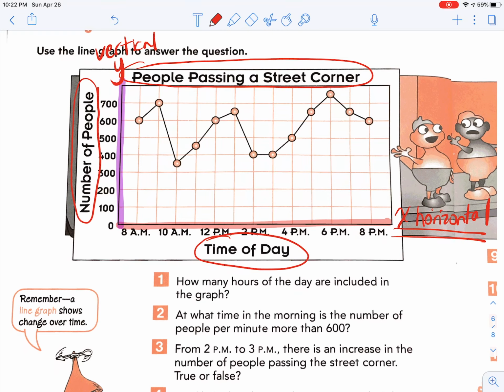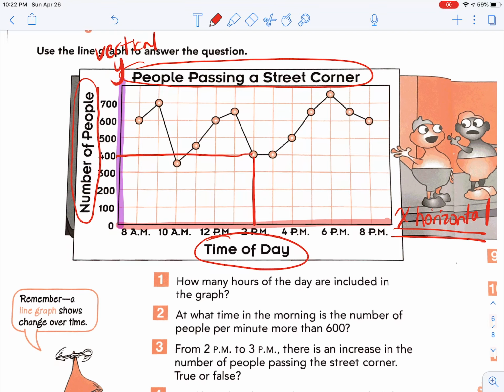So if I wanted to know at 2 p.m. how many people passed the street corner, I come down to the horizontal or the x-axis, that's 2 p.m., and I go across to the y-axis, which is the vertical, that's the purple one, it would be 400 people.